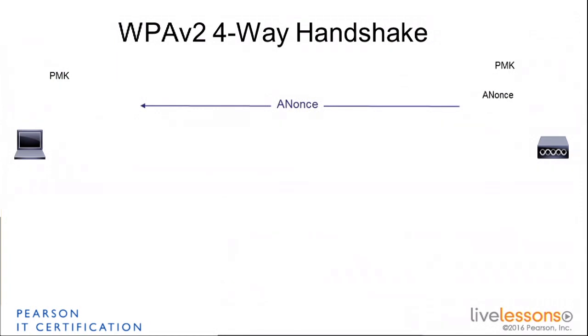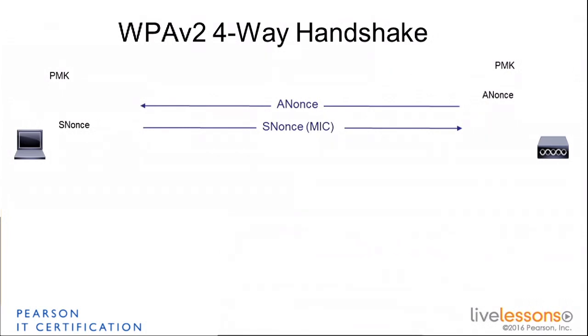This ANonce is going to be communicated to the client. That client is also going to generate a supplicant nonce, and that's why you see the name here. And the good thing is that the client is going to send that SNonce back to the access point, and is going to sign that frame with a message integrity check.